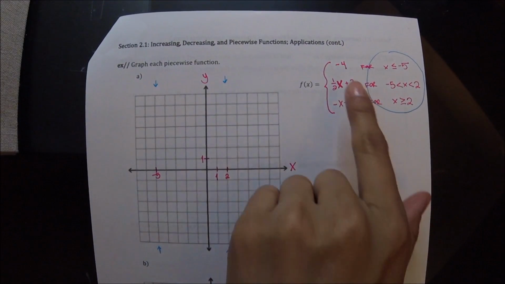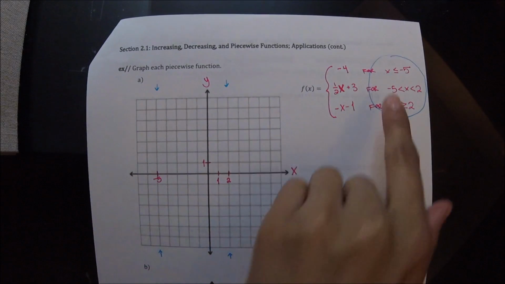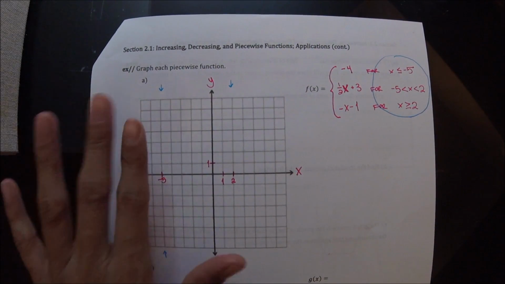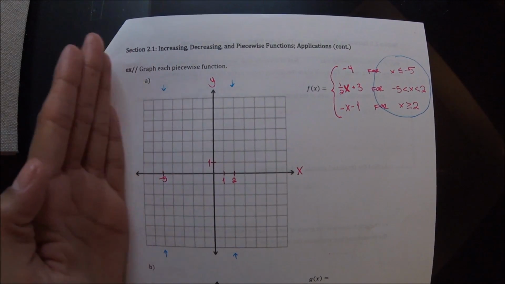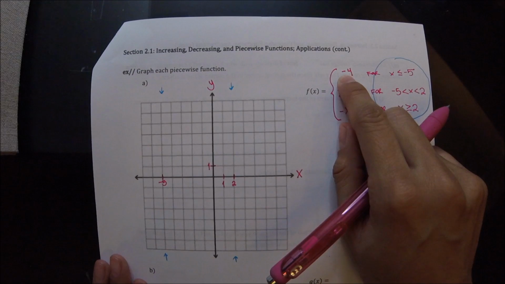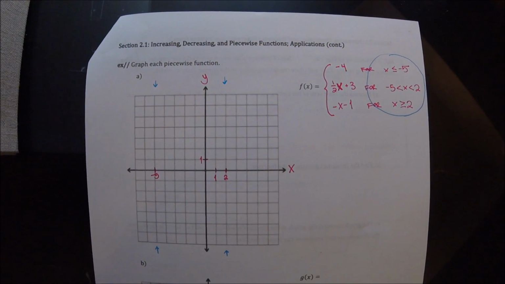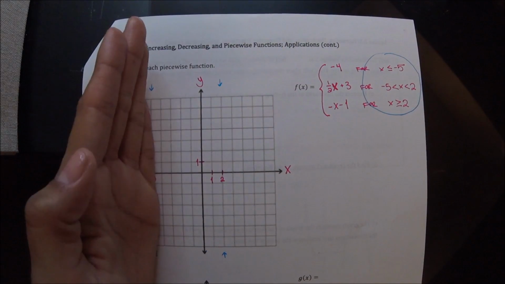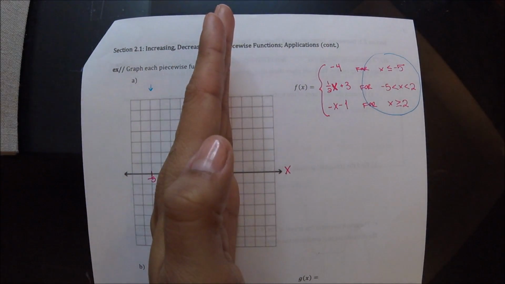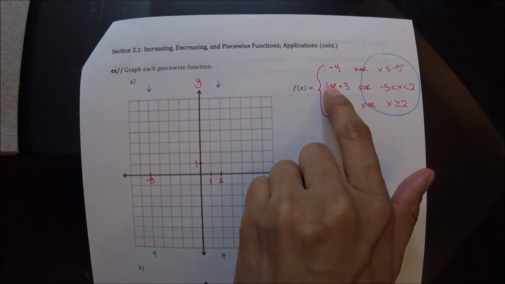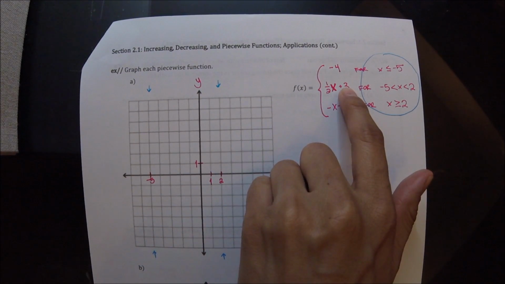So what this is saying is that when x is less than or equal to -5, so over here, we need to graph -4. And then for x values between -5 and 2, so from here to here, we will graph this function, the 1/2 x plus 3.